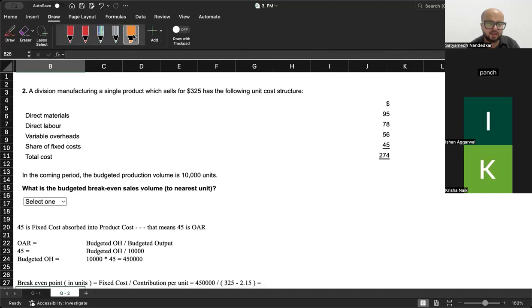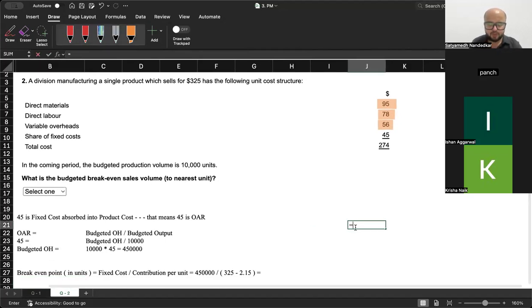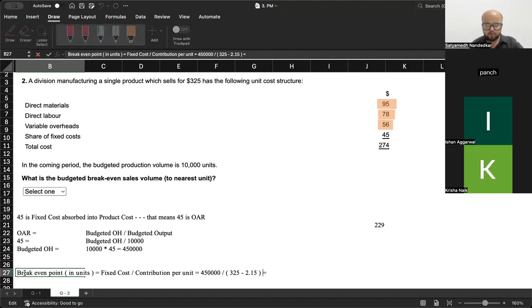These three, right? Direct material, direct labor, and variable overheads. Tell me the total. 229. 95 plus 78 plus 56 is 229.